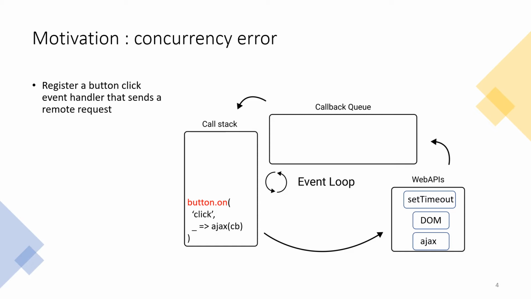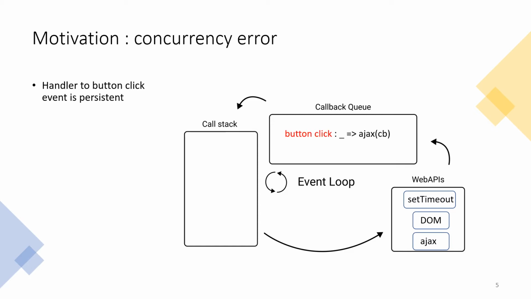So when the button is clicked, an AJAX request is made. The handler to the button click event is persistent, which means every time the button is clicked, an AJAX request will be made.